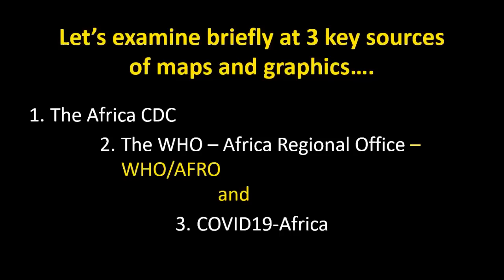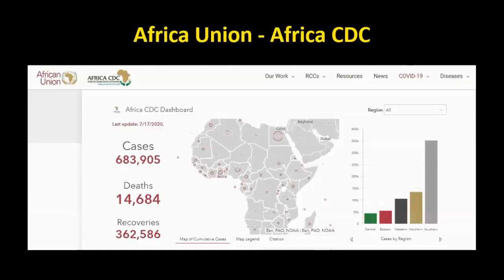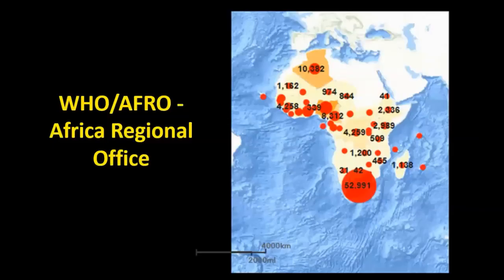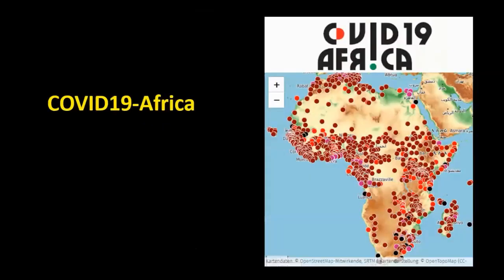And finally, this COVID-19 Africa map is a very useful one, and it's linked to charts as well that are very helpful for each country. So these are the three we'll look at: Africa CDC, WHO, AFRO Department, that is the Africa Regional Office, and the COVID-19 Africa report.